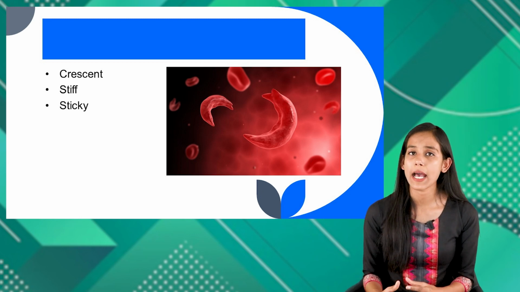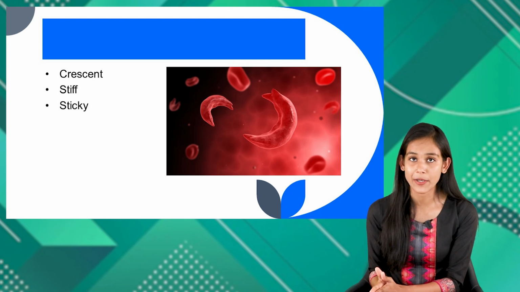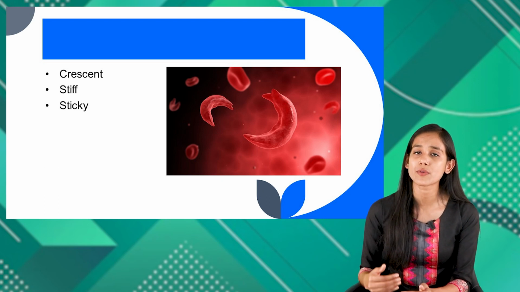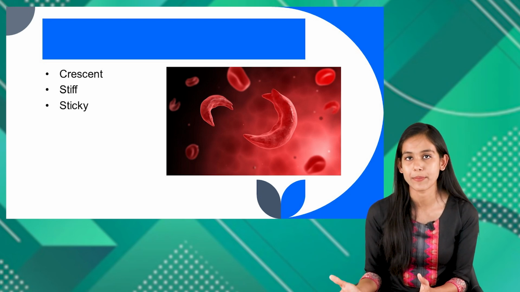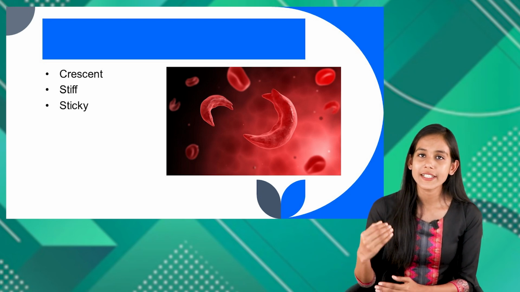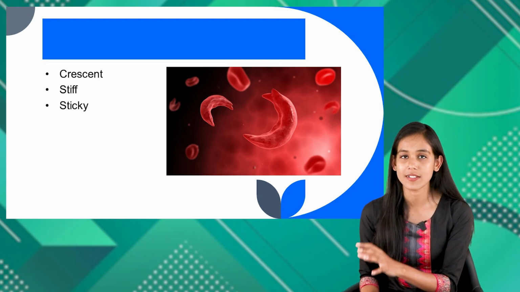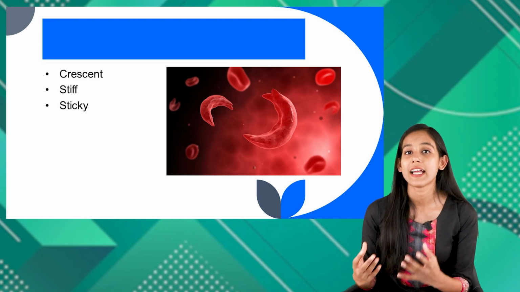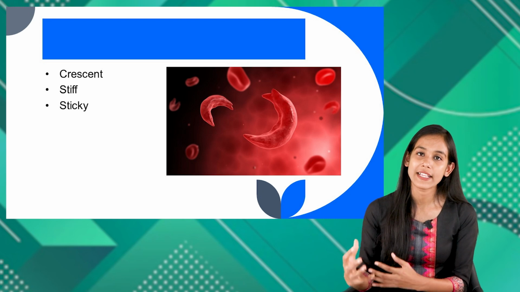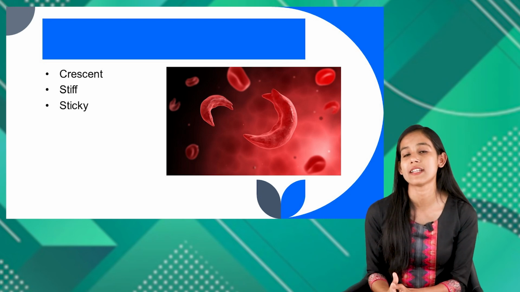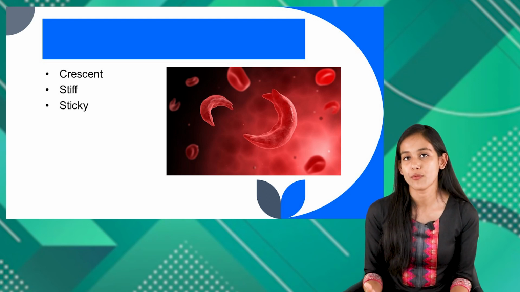Definitely our body has to replace these sickle shaped RBCs with healthy cells, so it would try to replace them, but the problem is that it won't be as fast as the spleen works.